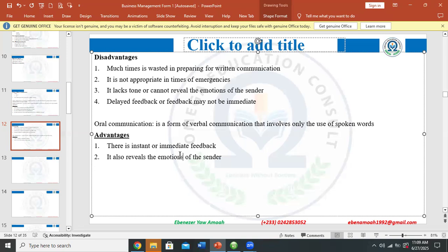Okay. What else can we write or add? So it is also very appropriate in times of emergencies. Very appropriate during emergencies.